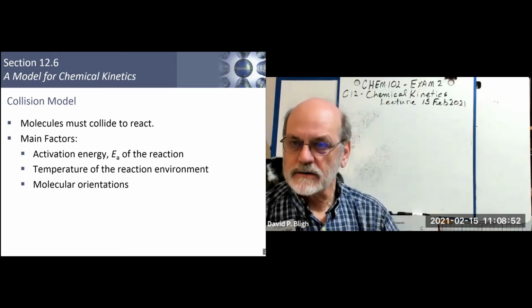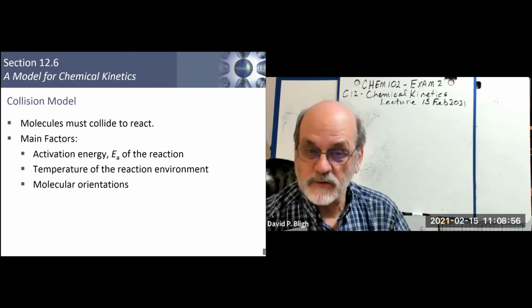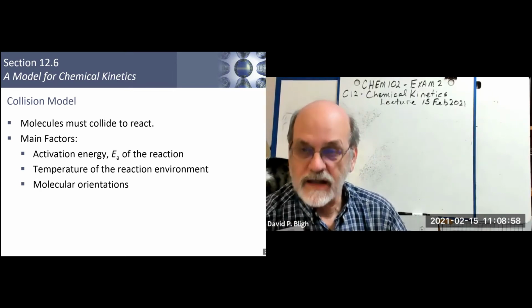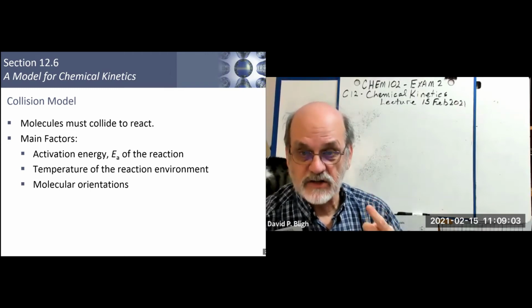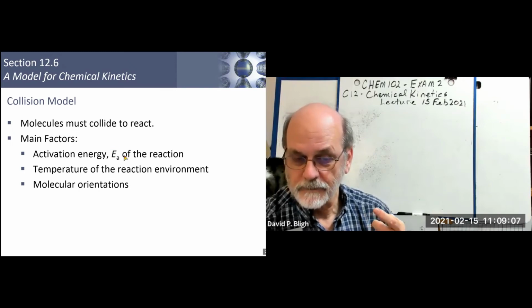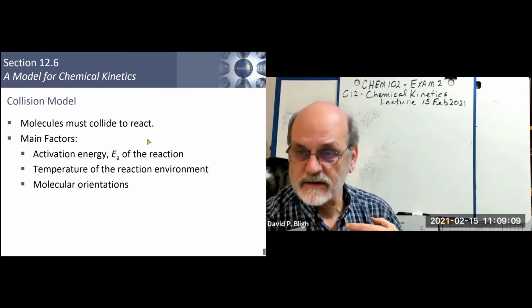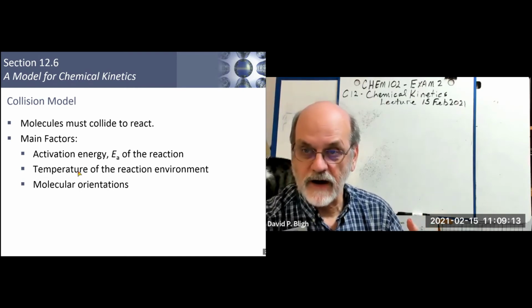And the factors governing whether or not a reaction will occur are, is there enough energy in the collision? We call that the activation energy, big E, little a, E sub a, which is dependent in most cases on the temperature of the reaction environment.